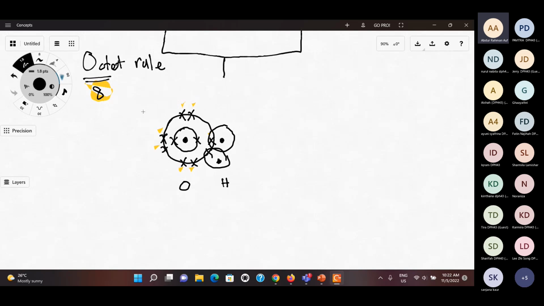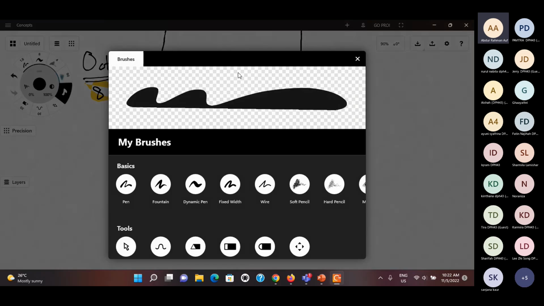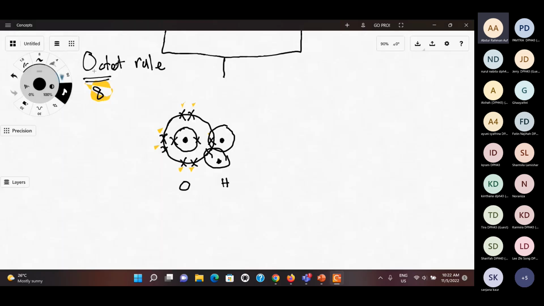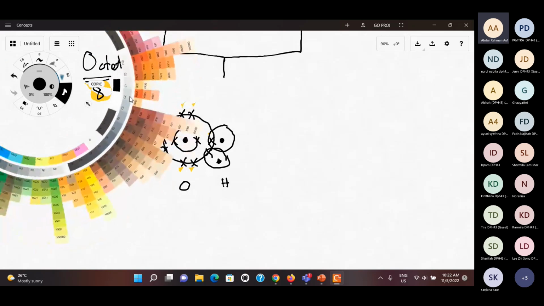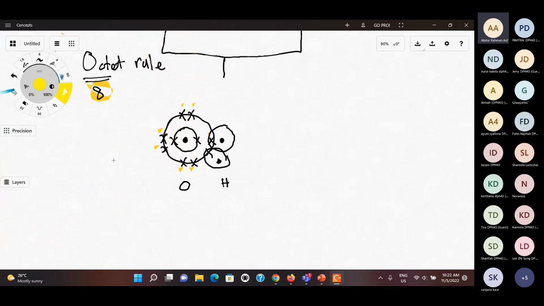So right now the amount of electrons of this oxygen is, earlier there were 7, now there are 8.